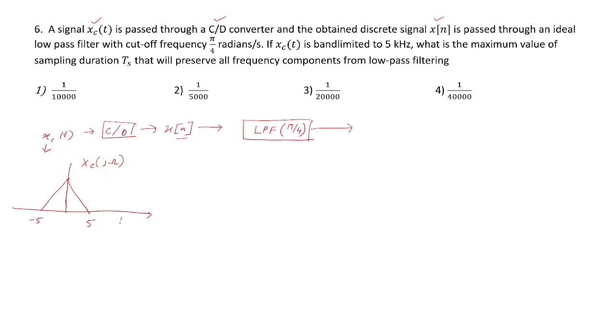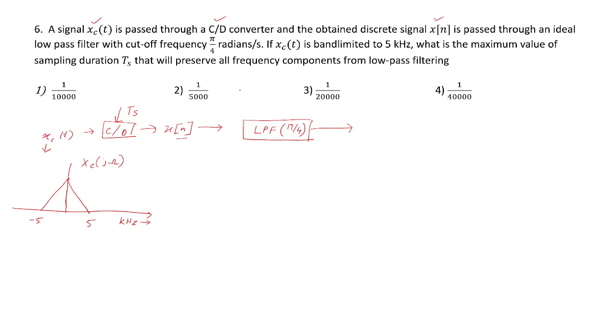The scale is in kilohertz. Its maximum frequency component is 5 kilohertz, or it is band limited to 5 kilohertz. So you want to find the sampling frequency at which you perform the sampling here, or sampling duration. Both can be used interchangeably, which preserves all frequency components from low pass filtering.